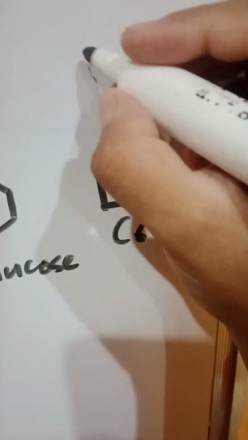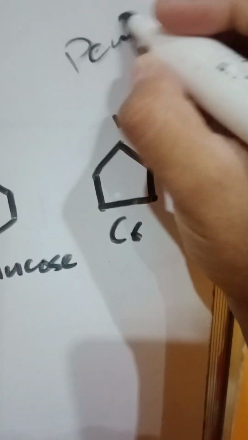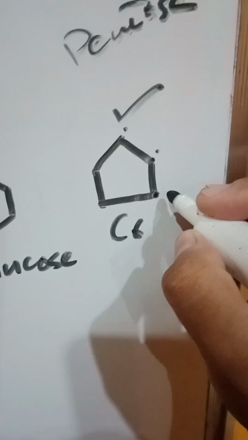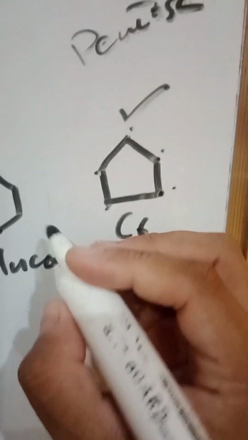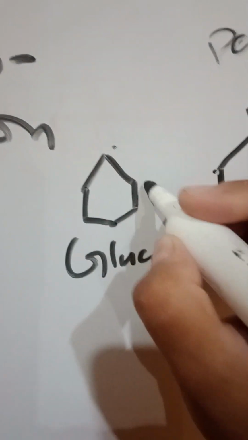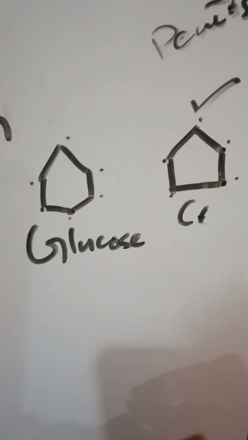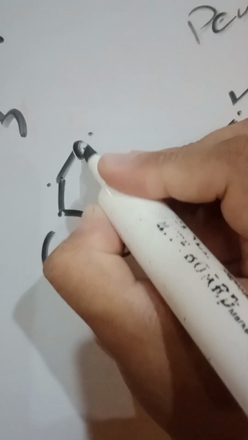It is a pentose. 5 sides, 1, 2, 3, 4, 5. Glucose has 6 sides, 1, 2, 3, 4, 5, 6, and there is an oxygen.